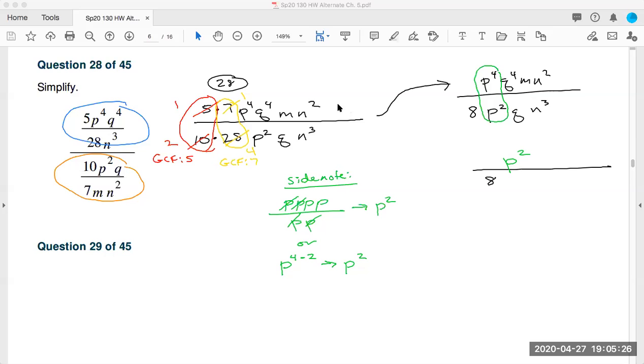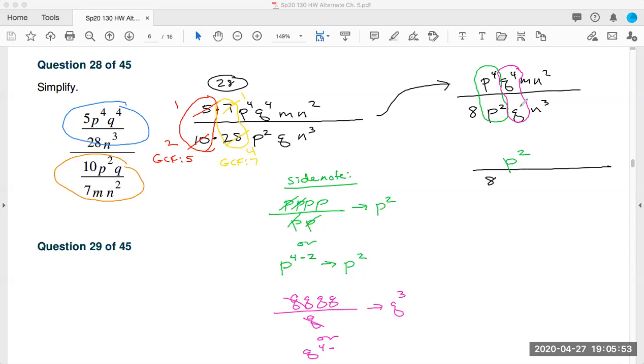Let's move to our next color. We're going to have Q's next. Very similar. We have Q to the 4th. That's Q times Q times Q times Q. And that's all over Q. So only 1 Q cancels. So we're left with Q to the 3rd. Or you can say I have Q with a 4 for the numerator's exponent, and then I'm going to subtract the exponent in the denominator.